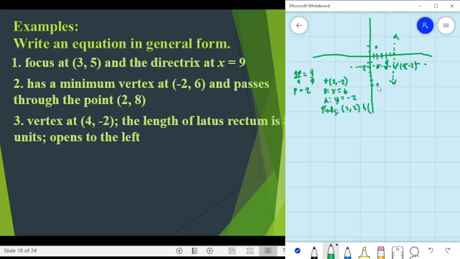So here 1, 2, 3, 4. So it should be 2, -4. No, 1, 2, 3, 4, 5, 6. It is 6. Okay. So 2, -6. Okay? Then you join them together. And this is your parabola.